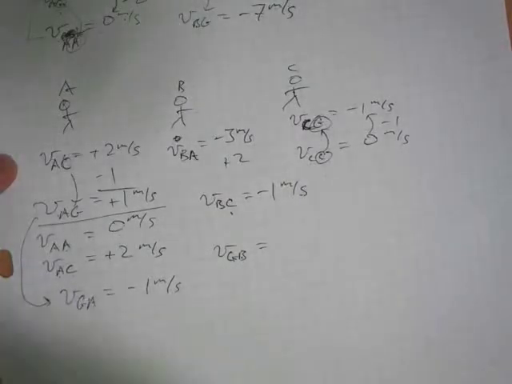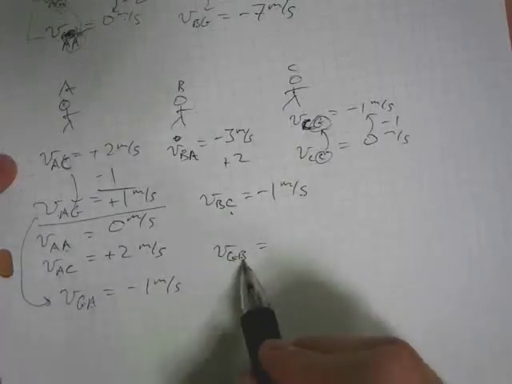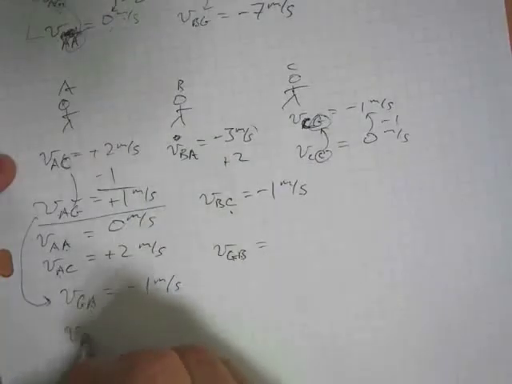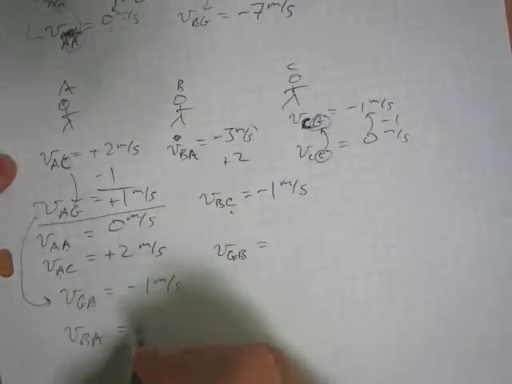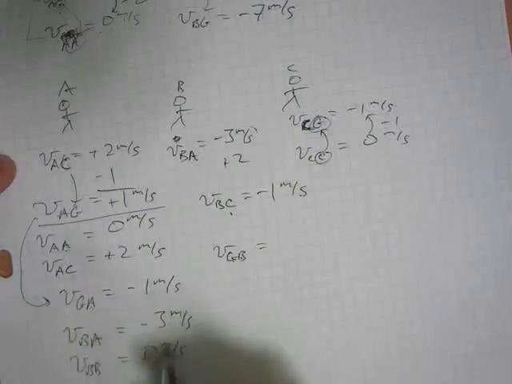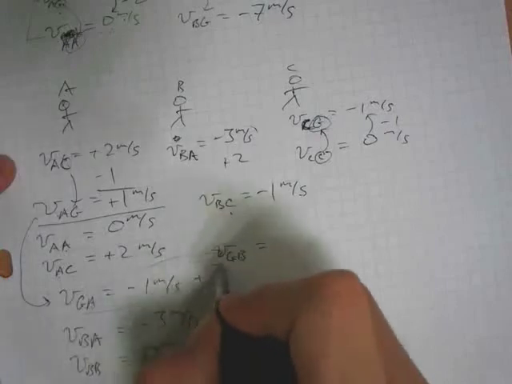So we want to go from reference frame of A to reference frame of B. And we can use this. Velocity of B relative to A is minus 3 meters per second. Velocity of B relative to B is, of course, 0 meters per second. So to go from A to B, it's a difference of plus 3.